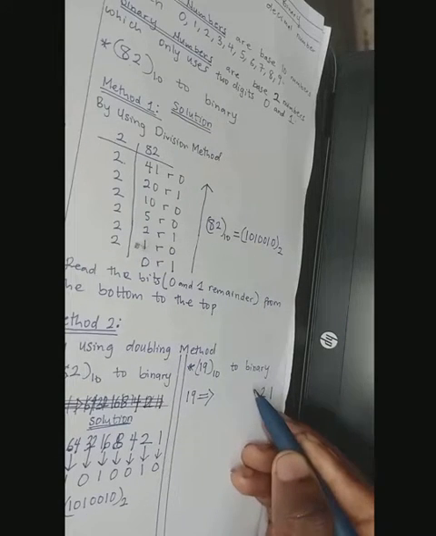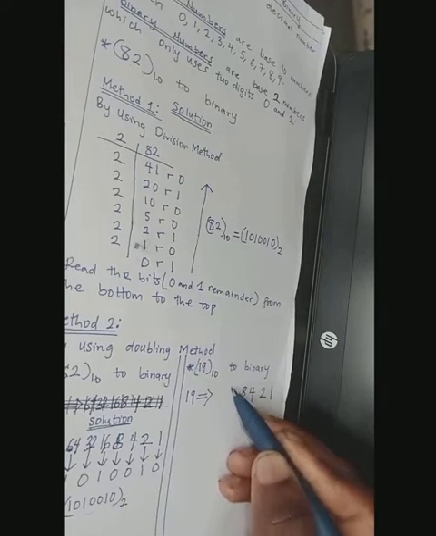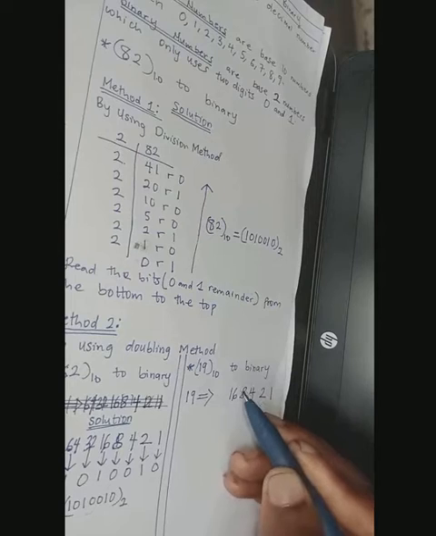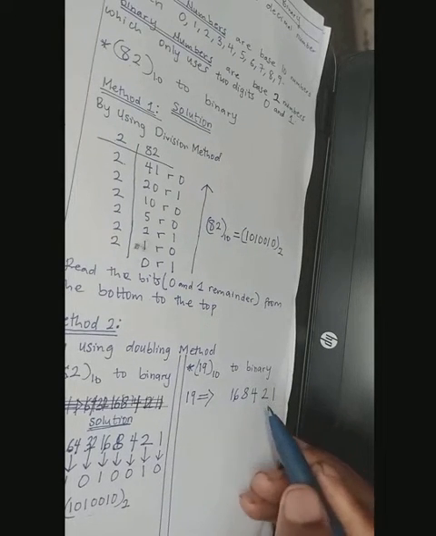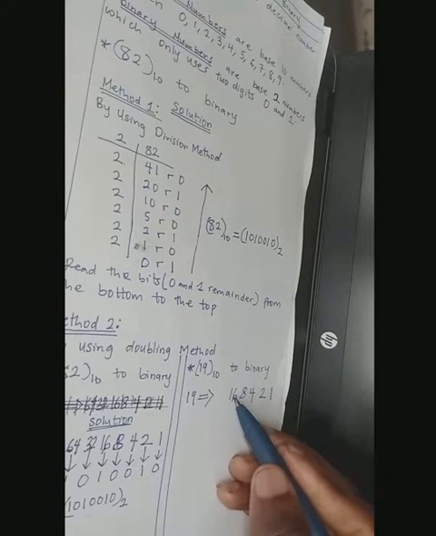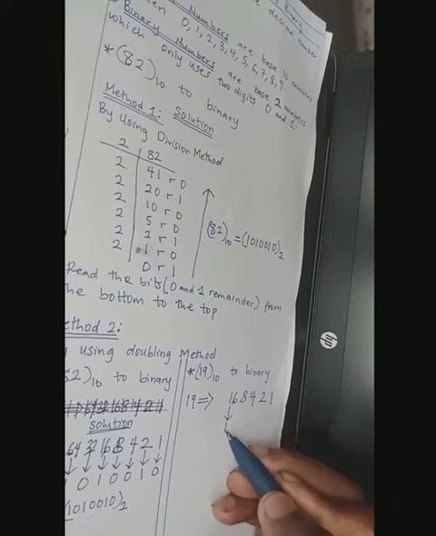Double this 2, it will give you 4. Double this 4, it will give you 8. Double this 8, it will give you 16. Once you double 16, it will give you 32. 32 is already greater than 19, so you are going to stop at 16. Don't forget, the last number where you stopped here, you are going to represent it as 1.